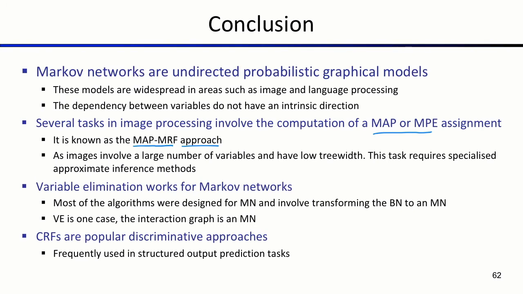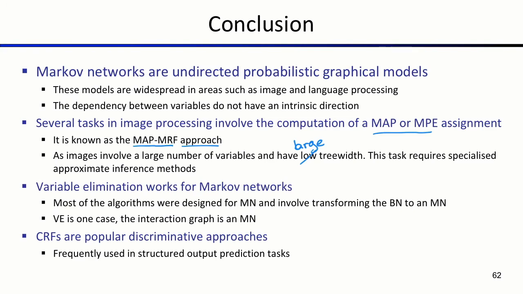And also because images are grids, and we can imagine, even though we have never computed that, that the tree width of images is very high, because there is a huge difference between a tree and a grid. So we have a large number of variables, and also we have a large tree width. So that's why we need some special algorithms that will provide some approximate answers instead of exact answers.